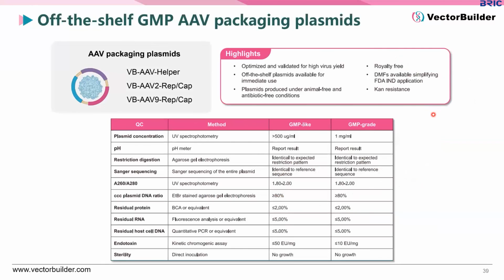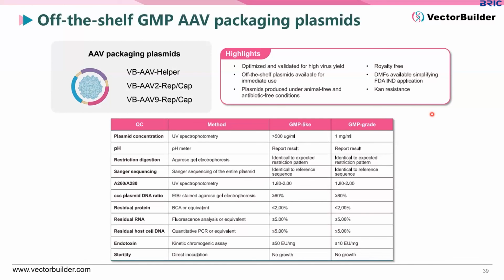But of course, aside from GMP manufacturing of AAV vector itself, we understand that there are customers that want to do GMP manufacturing of the virus themselves. However, they could be in trouble sourcing a GMP-grade plasmid vector for their virus packaging. So that's why we also push out this new service.